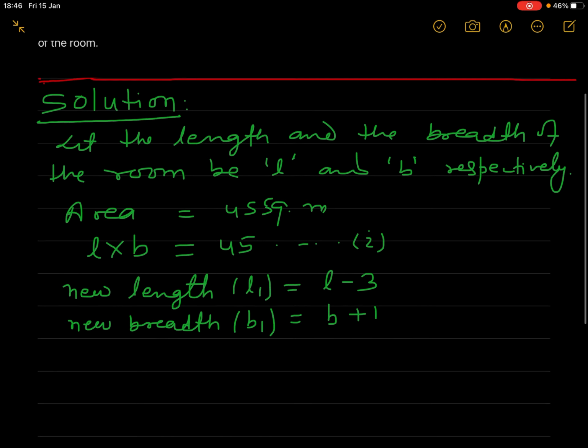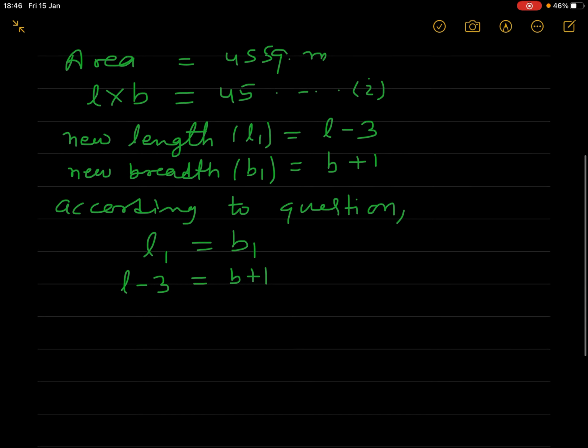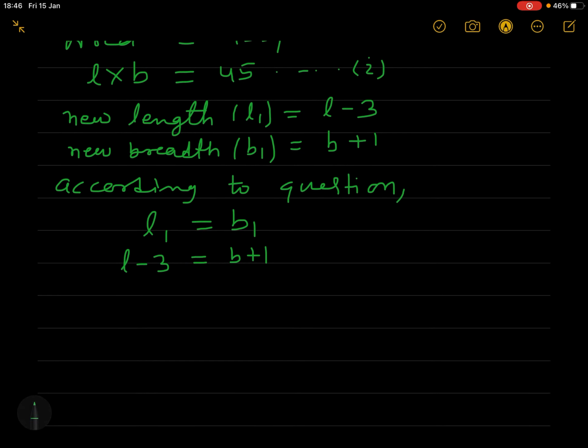So L1 here is L minus 3, L minus 3 is equal to B1, which is B plus 1. So therefore we can write L is equal to B plus 4, because 3 if you transpose to the right side it will be 4. Equation 2 we can do.